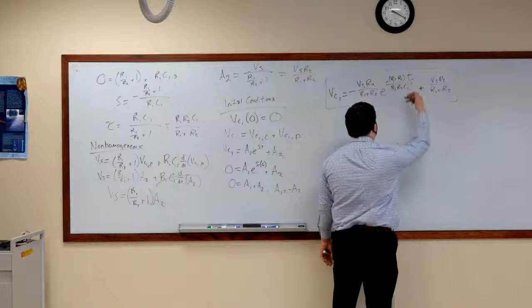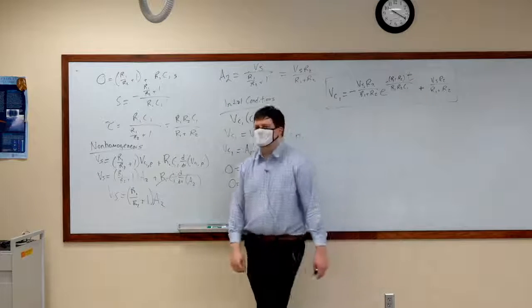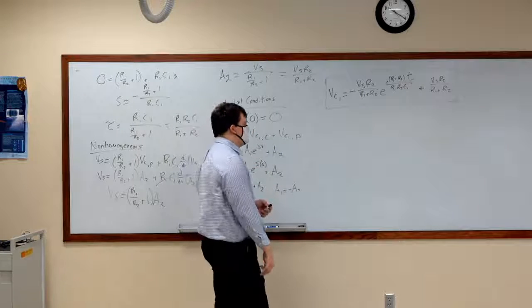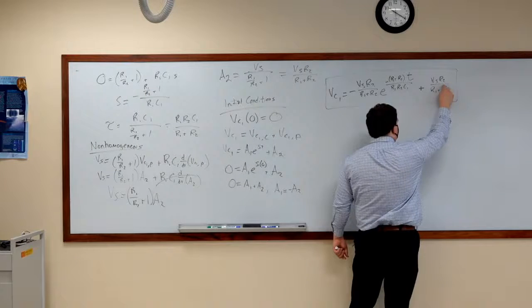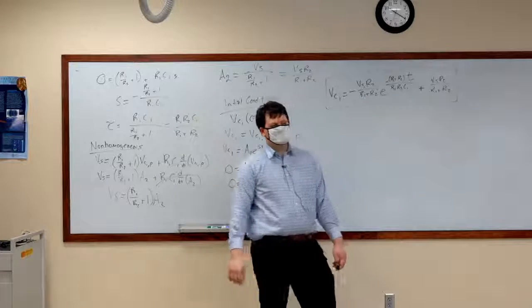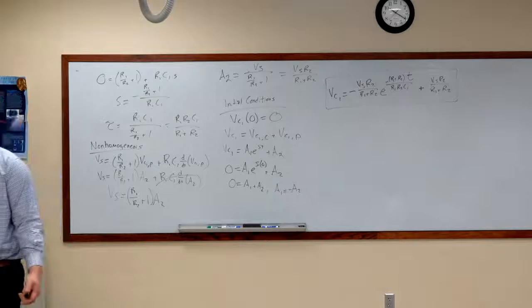It's got units of time divided by resistance times capacitance, which actually is unitless. Time divided by resistance times capacitance is nothing. This over here is a voltage times a resistance divided by a resistance, which is just units of voltage. So our unit analysis comes out just fine.